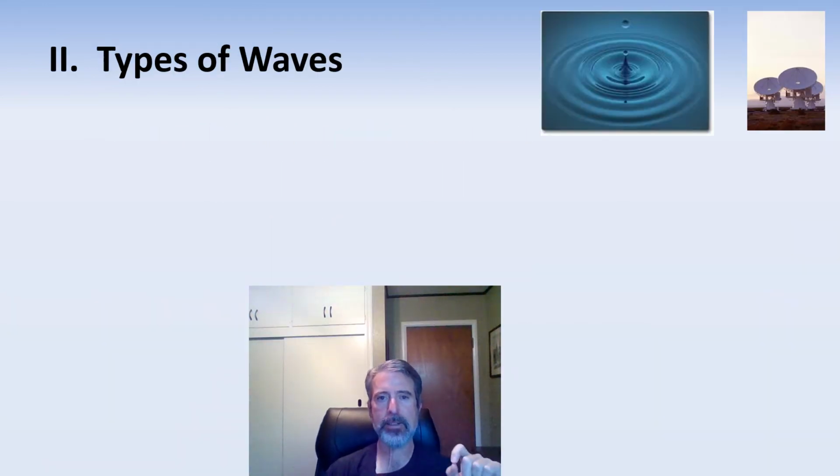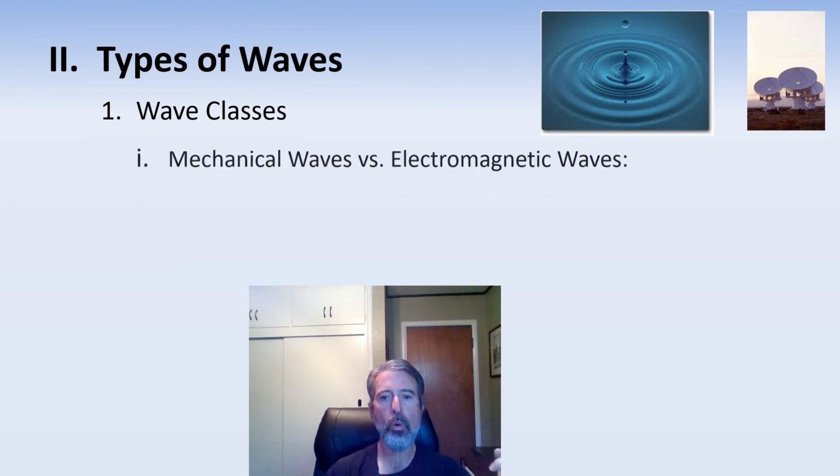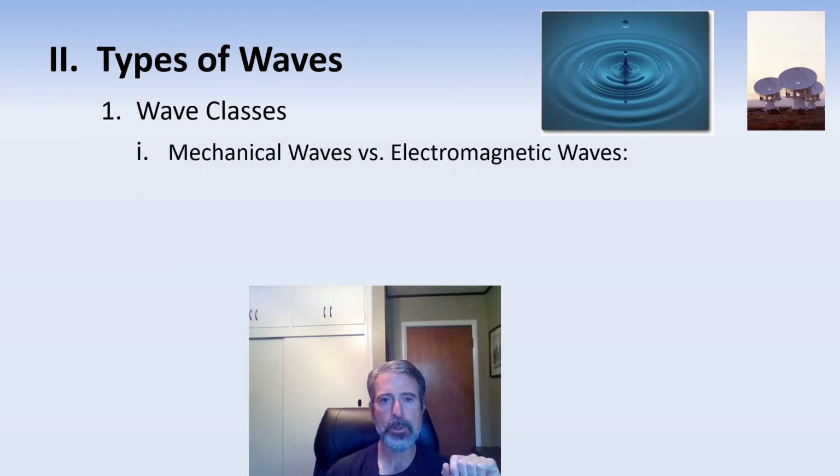So we see that waves become a means of transferring energy through space. And as we know from our experience in life, there are many different types of waves that exist. But what we may not know is that all waves can be classified as either mechanical waves or electromagnetic waves. That is, all waves fit into one of these two classes of waves.